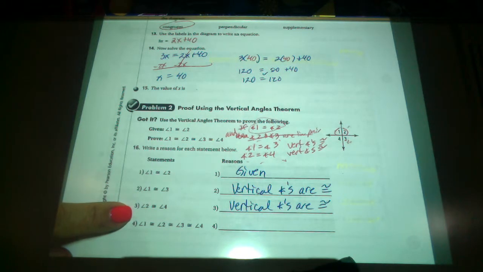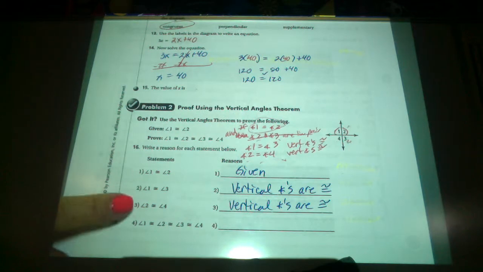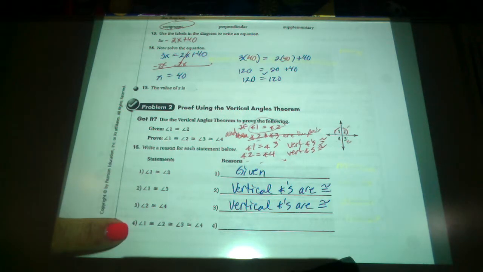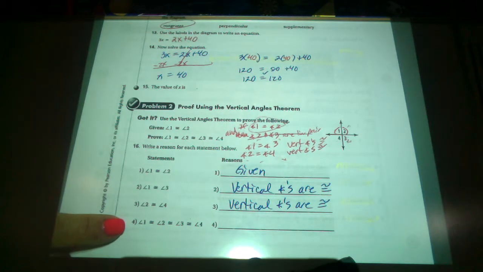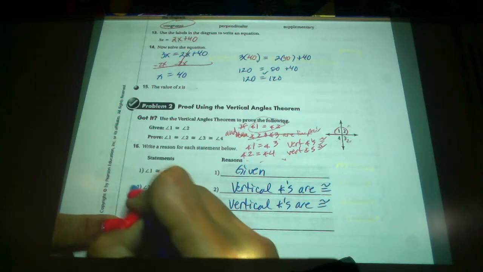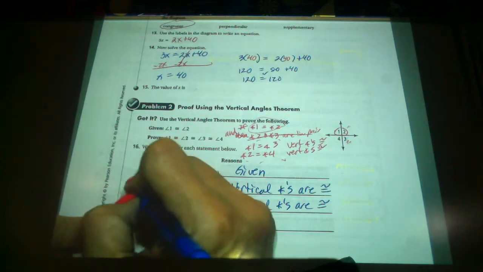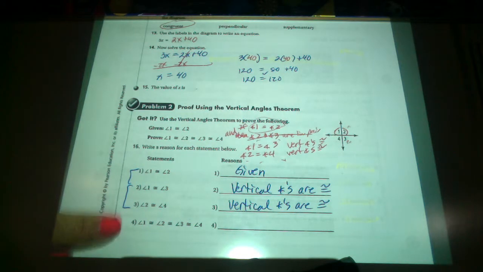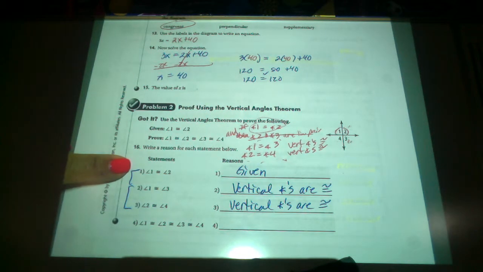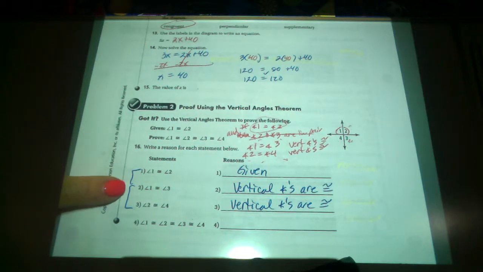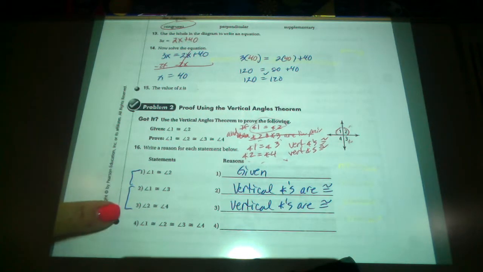So personally, I don't know as if I would have gone directly from here to the fourth step, but they did. I probably would have said that angle 3 is congruent to angle 4 first. By what reason? How can I go from looking at those two to saying that angle 3 is congruent to angle 4, actually looking at these three? I went from here. 1 is equal to 2. 1 is equal to 3. 2 is equal to 4.